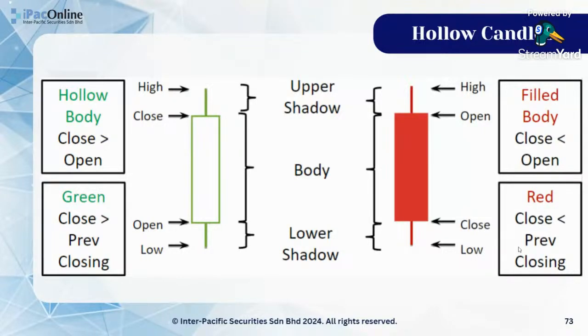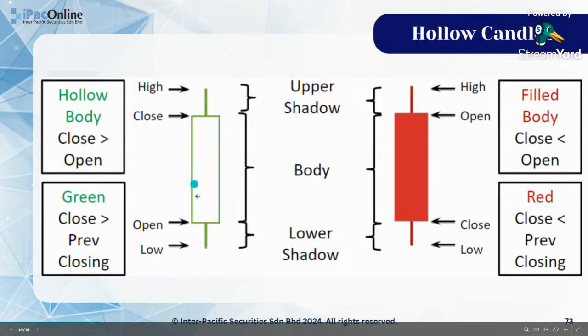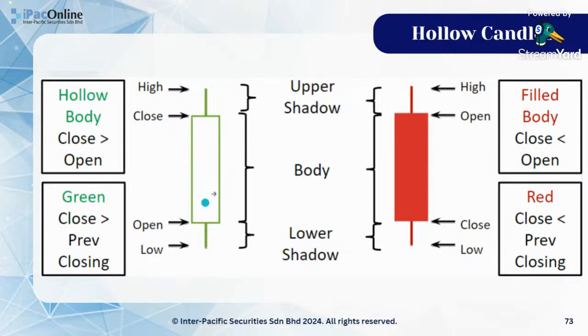But on the other hand, for some of you who have been looking through some charts, you might come across another variation of candlestick, which is called hollow candles, whereby instead of a green body, you might see a white body.